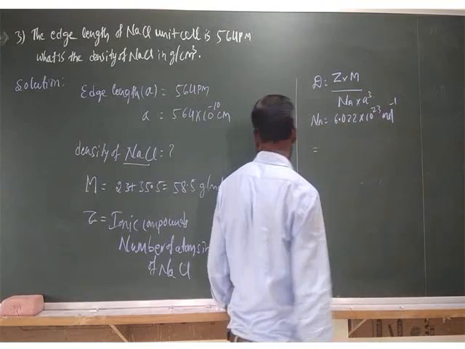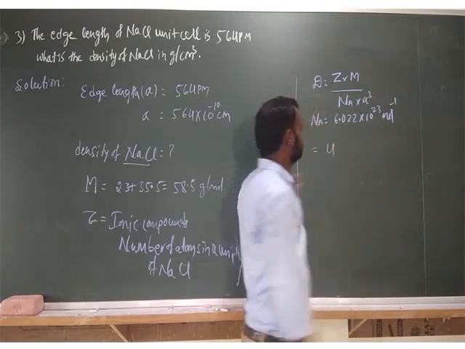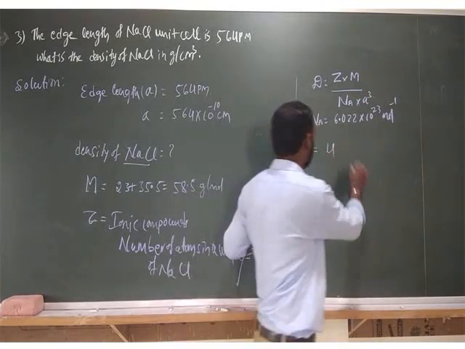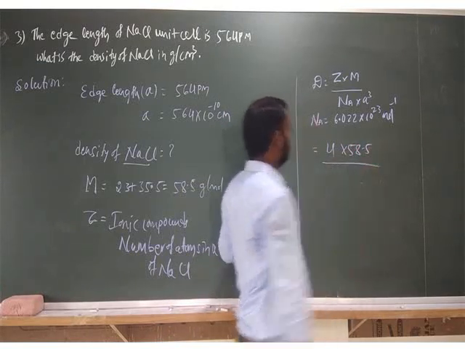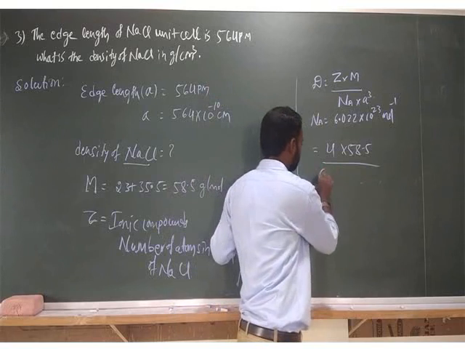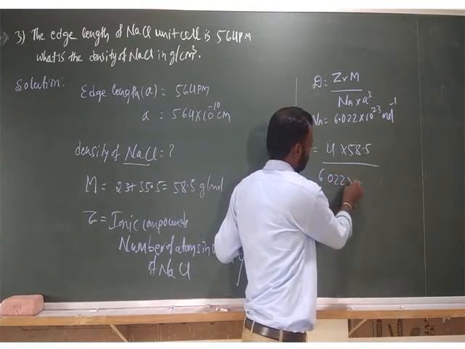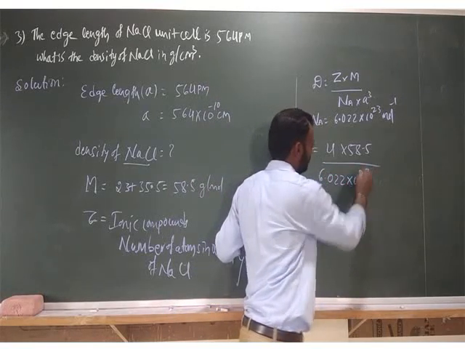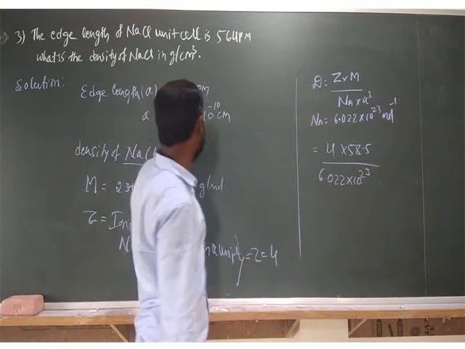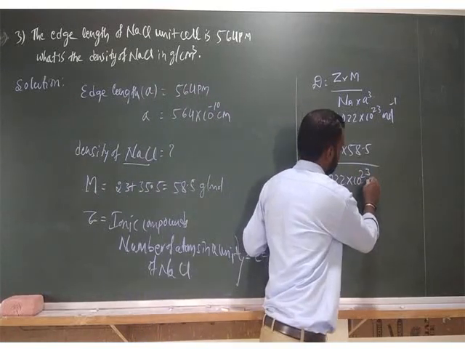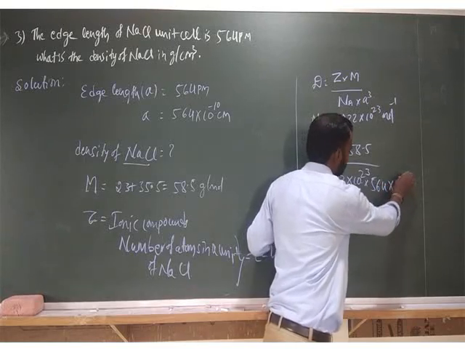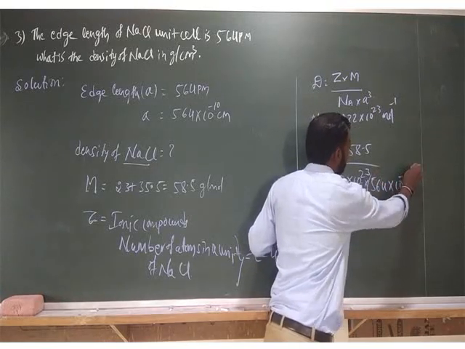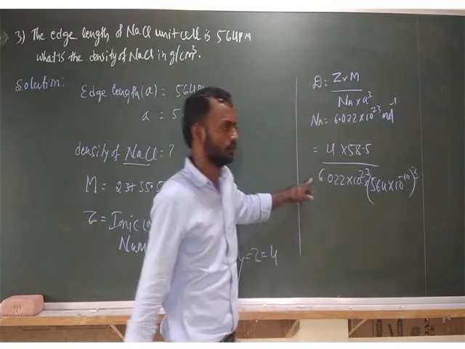Substituting all these values, Z value is 4, molar mass is 58.5, divided by Na, 6.022 into 10 raised to 23, and A is 564 into 10 raised to minus 10, whole cube.